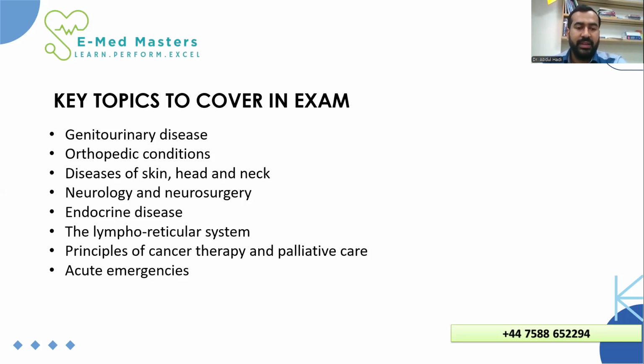Then diseases of the skin, head and neck, neurology and neurosurgery, endocrine disease, the lymphoreticular system, the principles of cancer therapy and palliative care, and then the acute emergencies. These are the broad areas from where the examiner asks questions regarding certain conditions. So what are these conditions? Let's go through them one by one with examples.